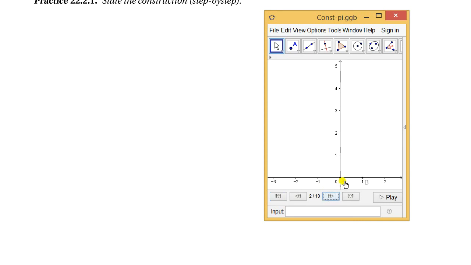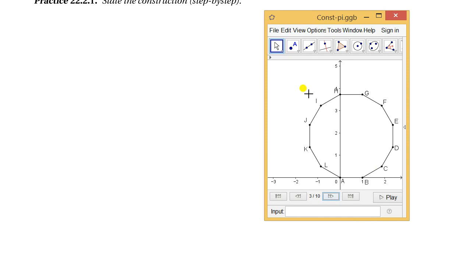First, we put two points at (0, 0) and (1, 0). Using that segment as one side of a regular 12-gon, we construct it. Of course, to construct it, we need to determine the coordinates of each point.